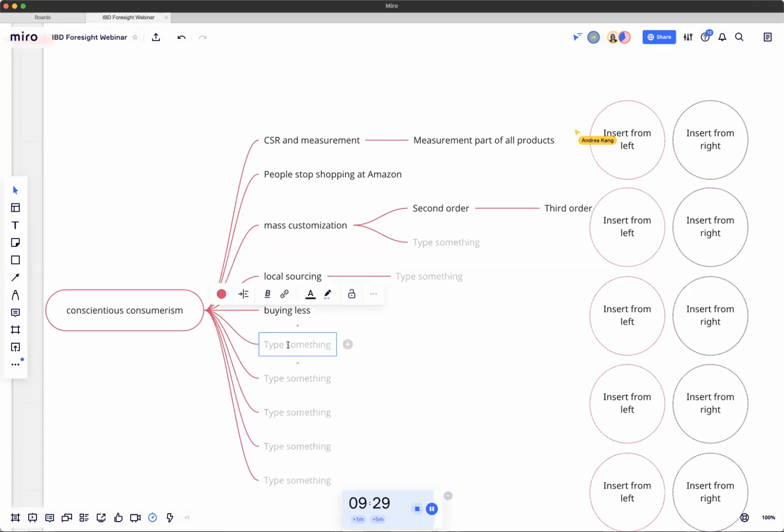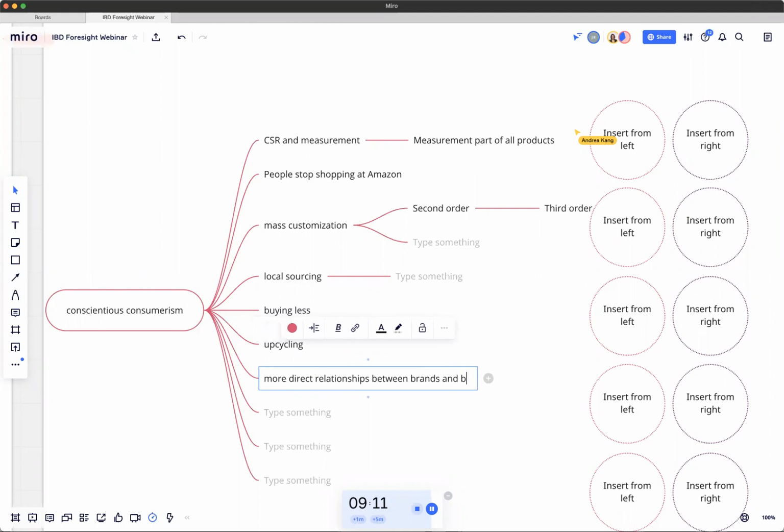Someone also mentioned building stronger relationships between consumers and sellers. We have someone talking about fair labor rights, more product transparency into the full life cycle of a product.